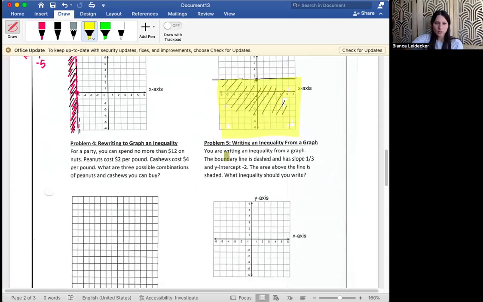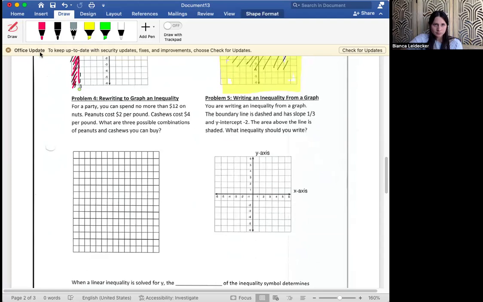Okay, what about word problems? For a party, you can spend no more than $12 on nuts. So no more, meaning the maximum is $12. Peanuts cost $2 per pound. Cashews cost $4 per pound.